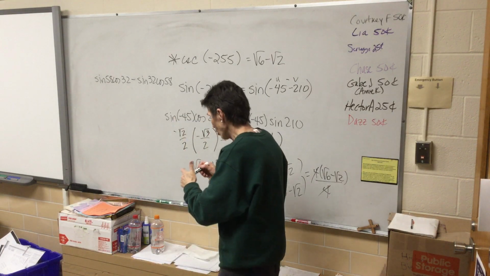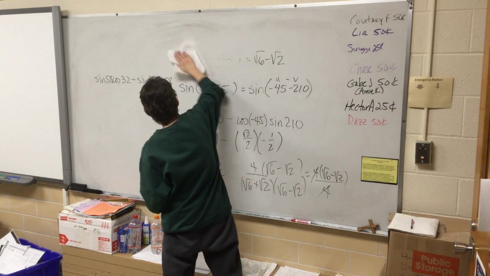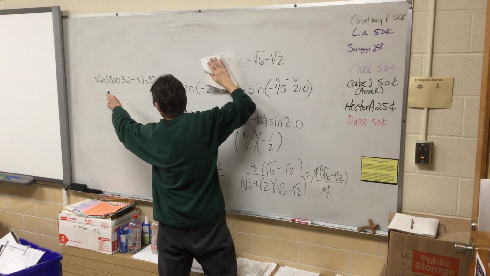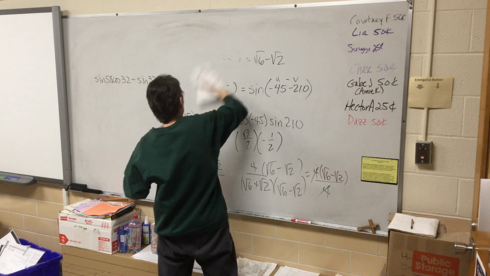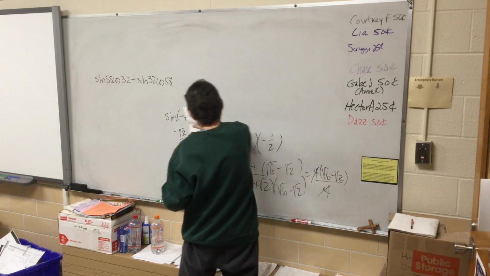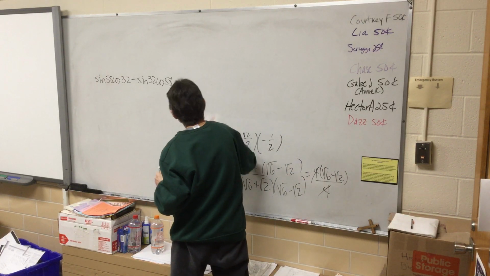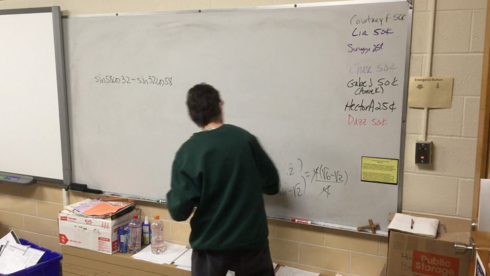The numbers are already plugged in. What formula does that look like? It's sine cosine minus sine cosine. What formula is that? Sine u minus v. Yep, it's the formula for the sine of u minus v. That is exactly right.